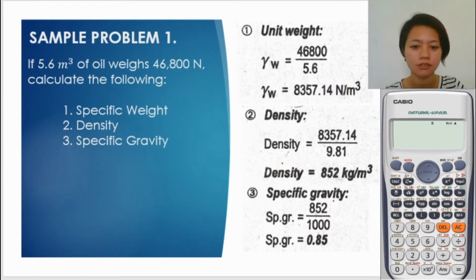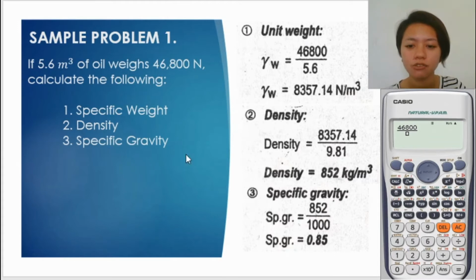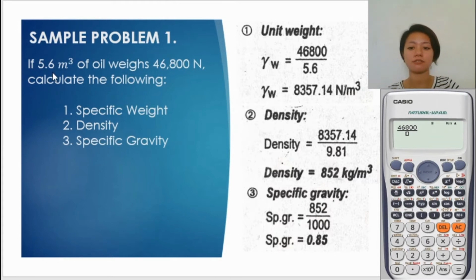So let's input our weight. Our weight is 46,800 over our volume. Clearly stated, our volume is 5.6 cubic meters.